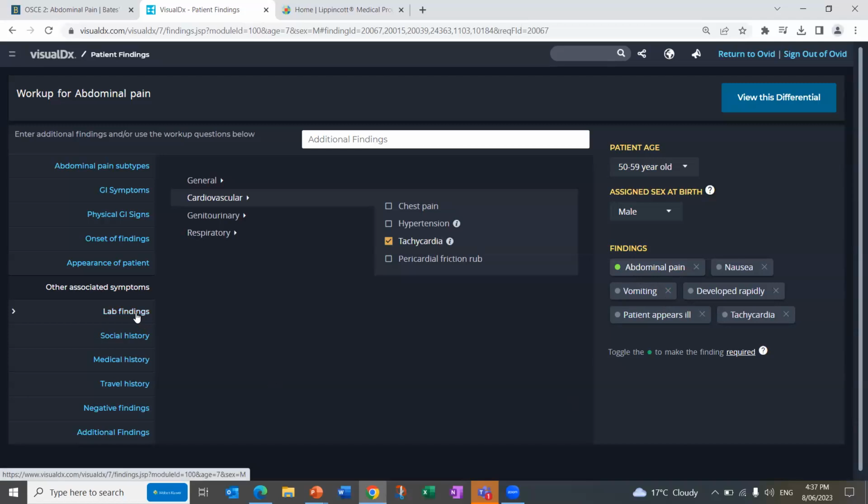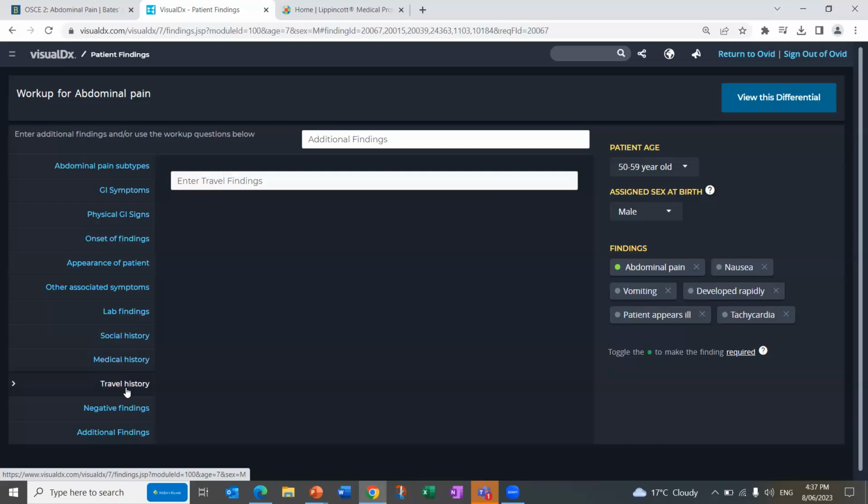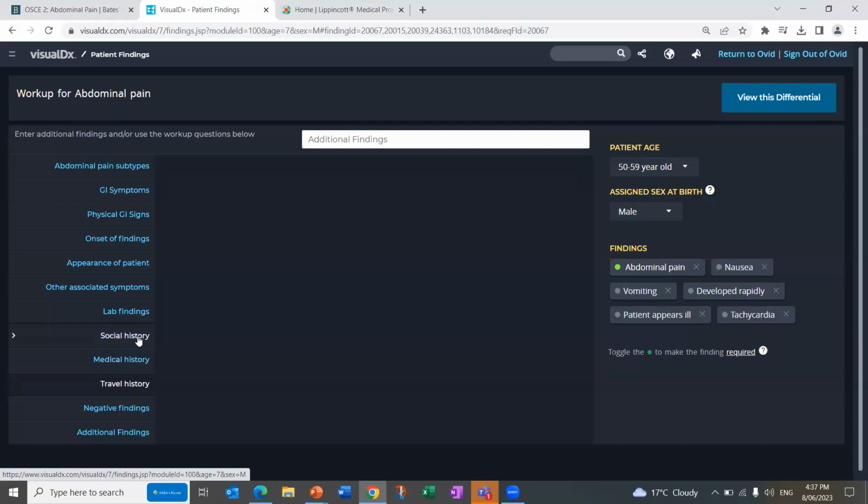If we have other options that are available to us, if we have some lab findings, if we are knowledgeable about the patient themselves, we can make some choices about what we find in front of us. Has the patient just returned from holidays in an exotic location?